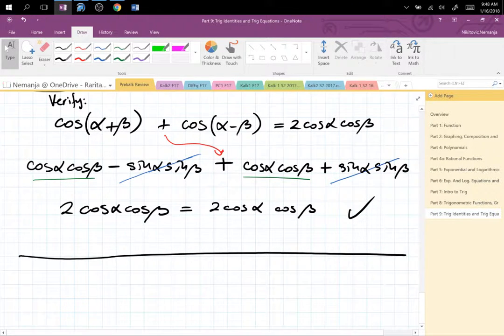And just in case these problems look too good to be skipped, 57 to 64, these are computation problems. So you are supposed to figure out the value of sine alpha plus beta.